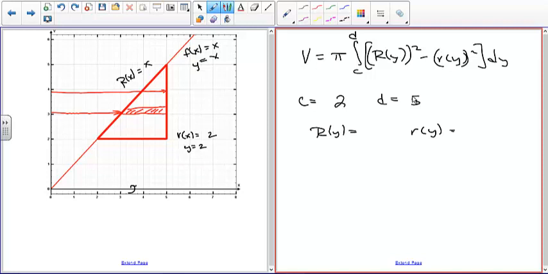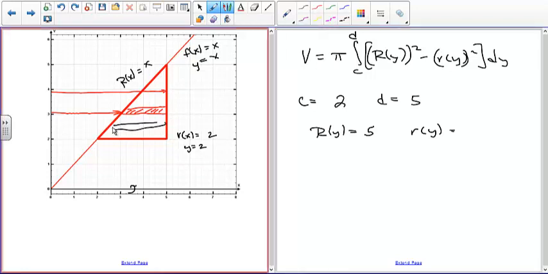Okay, so the answer is 5. Yes, that's the correct answer. Good job. So the outside radius, as you stack these rectangles next to each other and add up the areas associated with each rectangle rotating around the y-axis, the outside radius is always constant, so that's why it's 5.